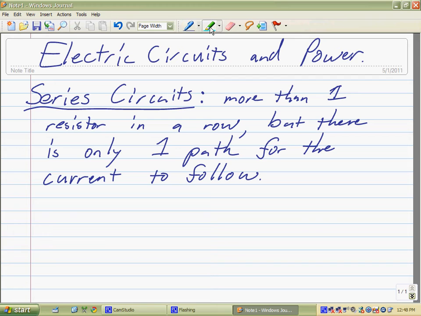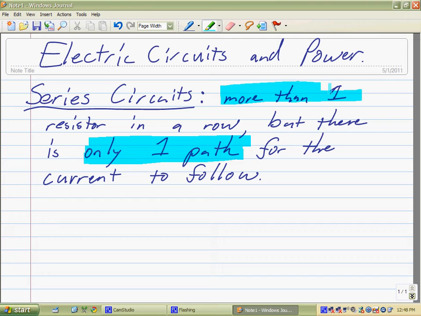So a couple of things here that are important to pay attention to. There's only one path, but there's multiple resistors or light bulbs or toasters or whatever it is, and they're all in a row and there's only one path.